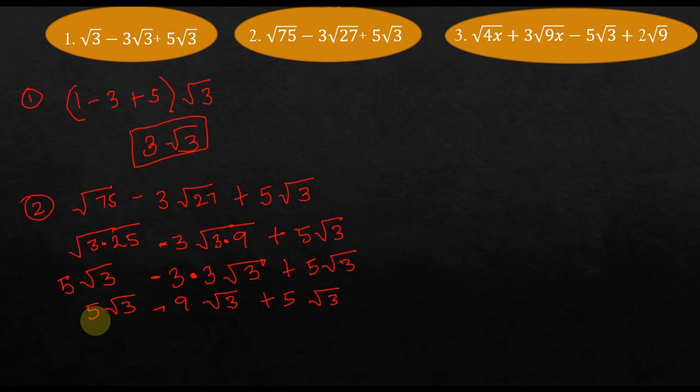So we have here 5 minus 9 plus 5. Don't forget the open and close parenthesis. And then inside the parenthesis, 5 minus 9 plus 5 will give us 1. So that is 1 square root of 3. Or we can just write square root of 3.